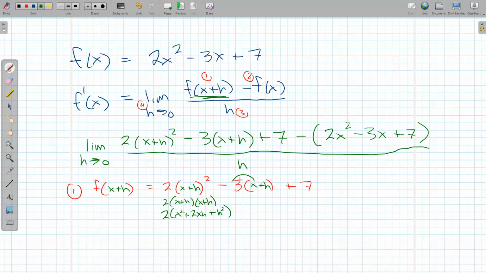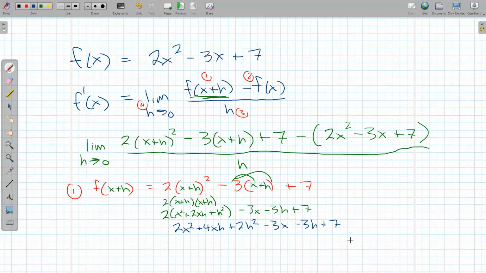And then we might as well do this distribution here, so minus 3x minus 3h, and then plus 7. All right, so cleaning this up further, we get to distribute the 2 through there, so 2x squared plus 4xh plus 2h squared minus 3x minus 3h plus 7.